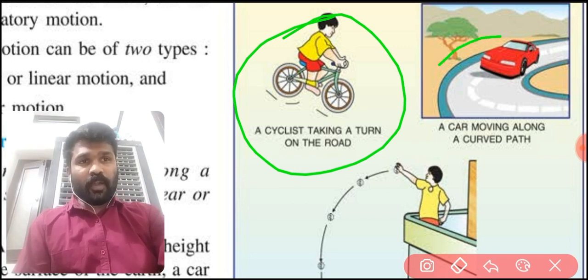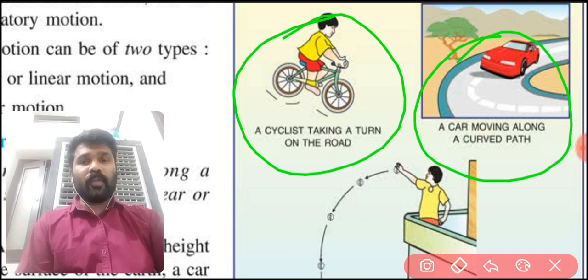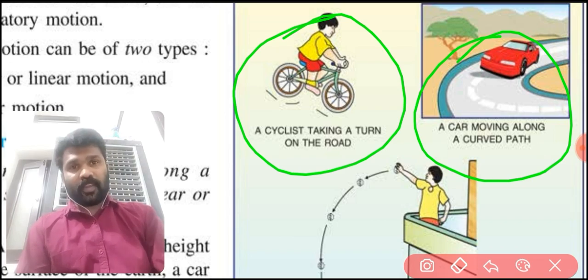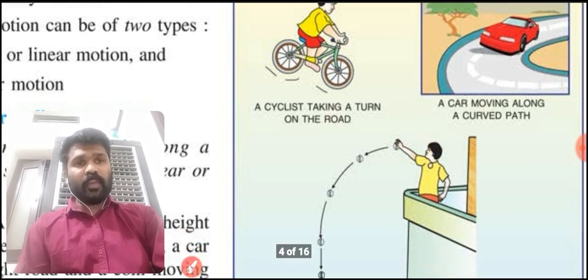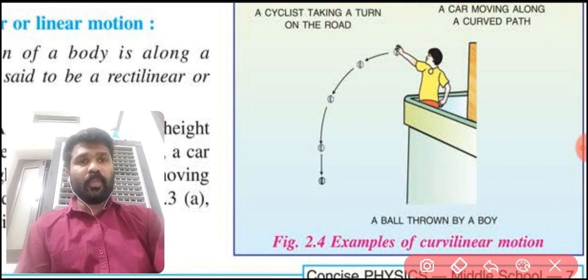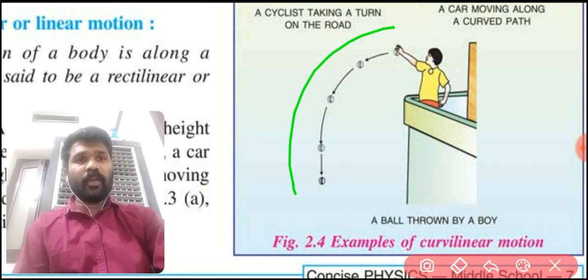Now second one, a car moving along a curved path. It bends the way. So it is a good example of a curvilinear motion. Another example you see, a ball thrown by a boy. The movement you see is a curved path.